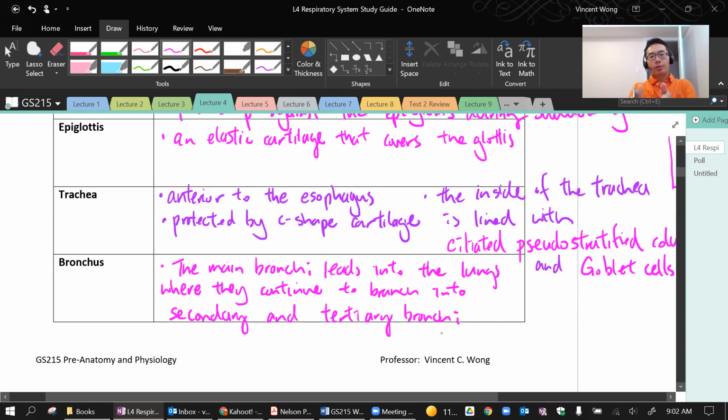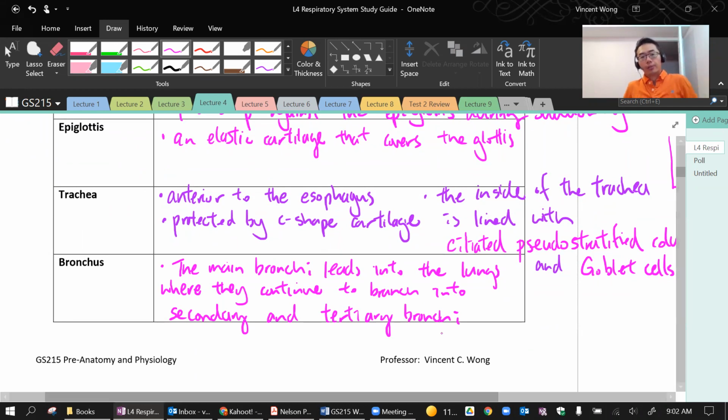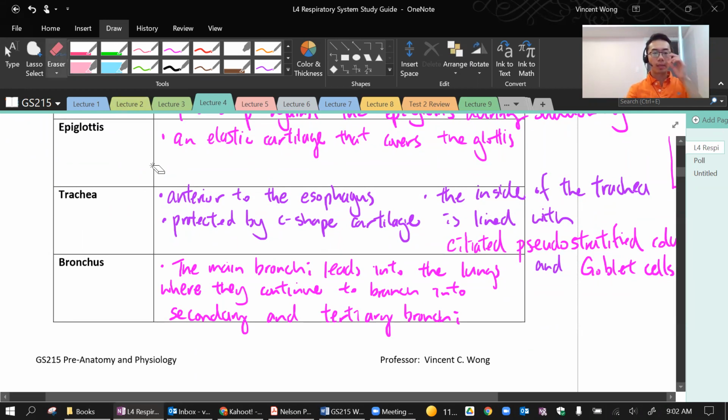The further you go, the more branching you have, and the narrower the diameter is going to be.